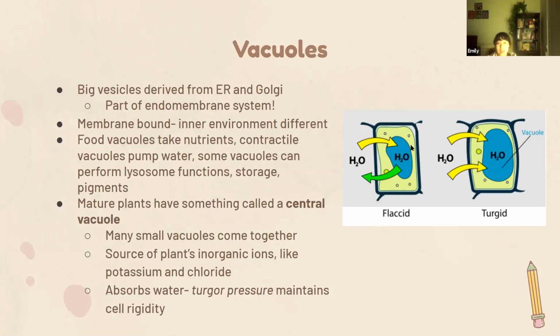Once they have this central vacuole, the vacuole swells up the cell and pushes against the cell wall, making it really tough and applying a lot of pressure. This pressure is called turgor pressure, and it helps plants on the whole plant scale stand up.